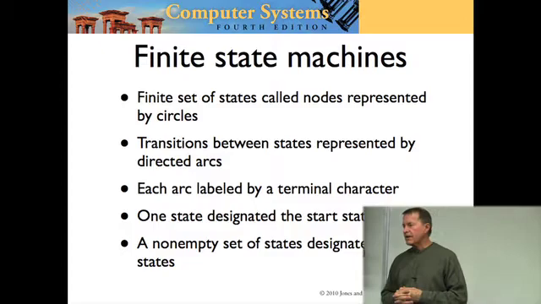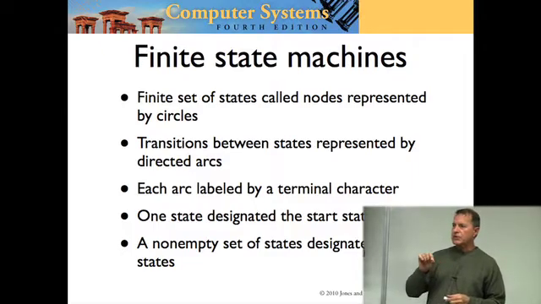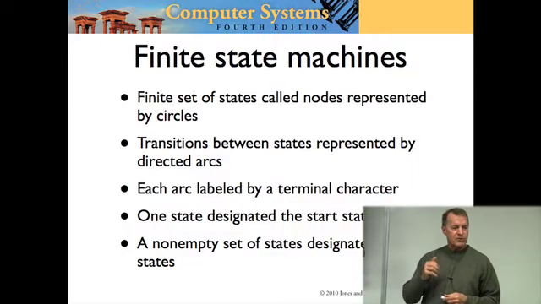Now here's the thing. What's the first part of a grammar? Non-terminals. And the second part is the terminals. The terminal characters are the ones that you actually see. So the arc in a finite state machine is labeled by a terminal character, not by a non-terminal. These are the ones that you actually see.